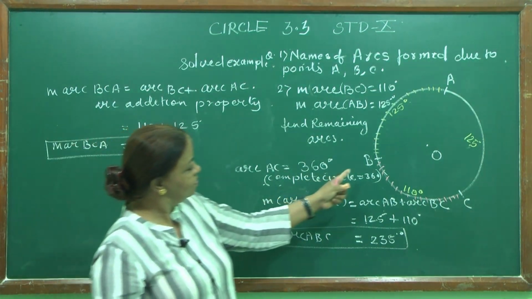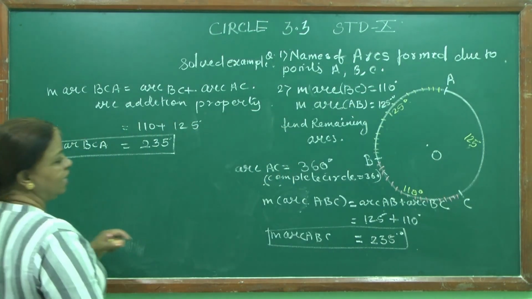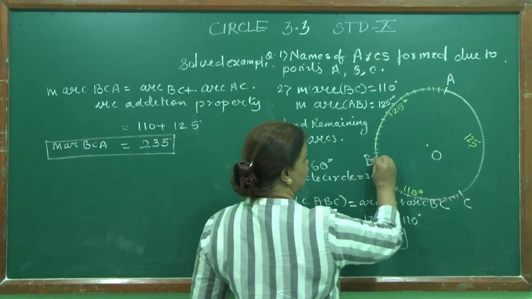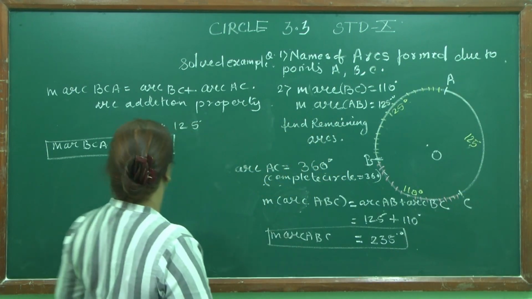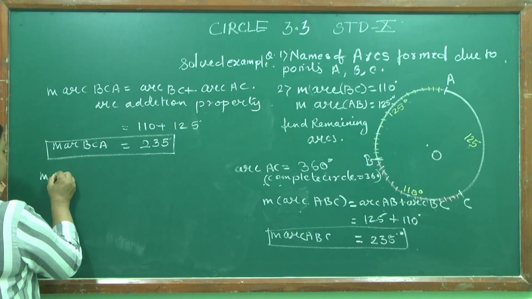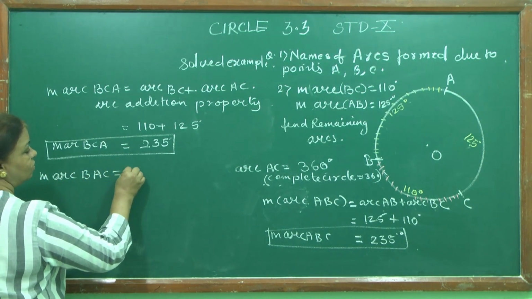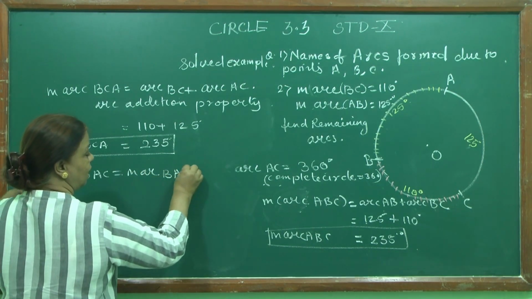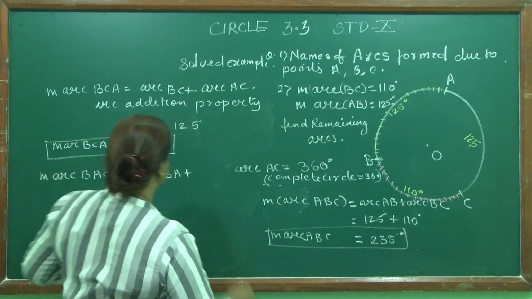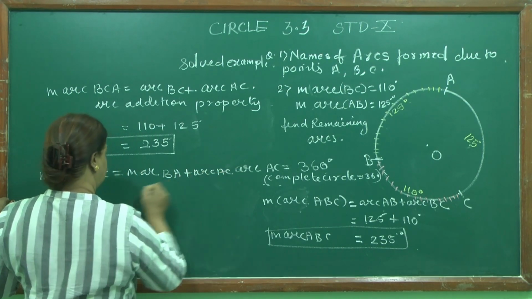Now like that we can find out BAC. For finding BAC we have to start from here and end till here. So measure arc BAC is equal to measure arc BA plus arc AC.